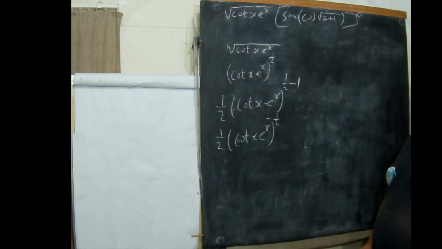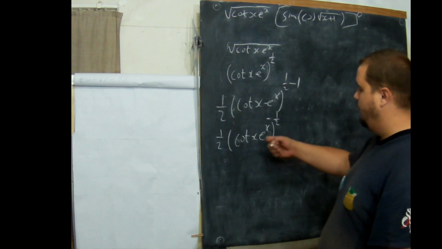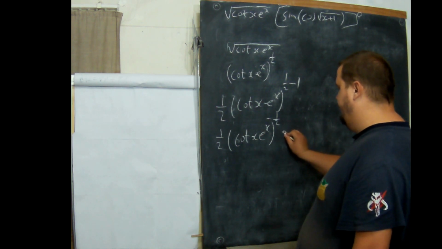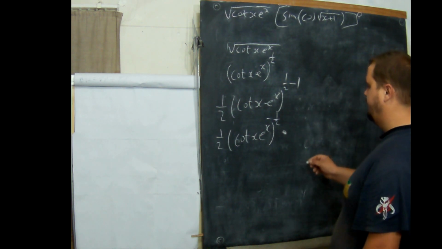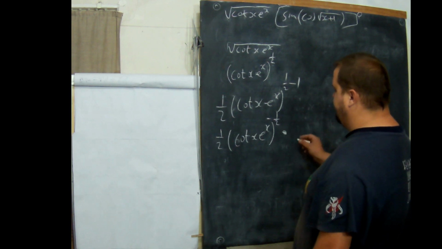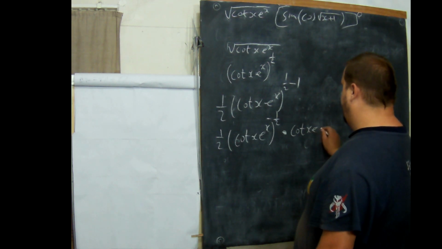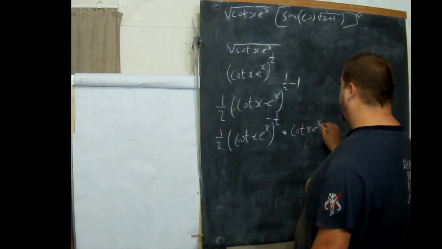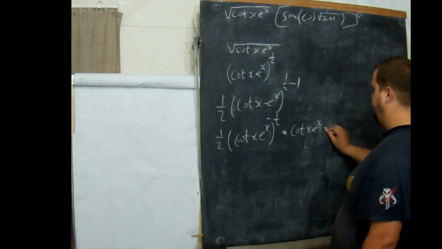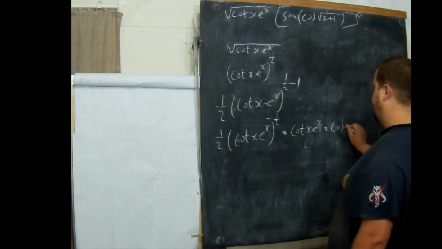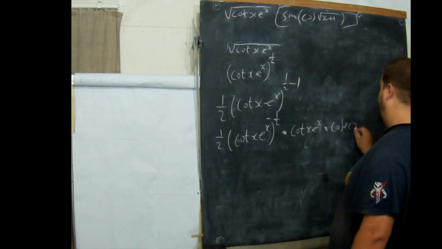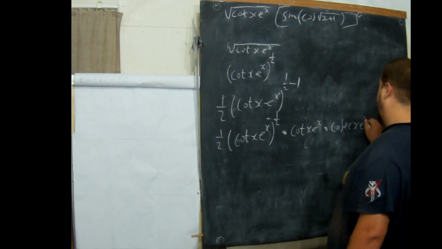Now we multiply by the derivative of what's inside. The derivative of cot x e to the x is cot x e to the power x multiplied by cosec x e to the power x.